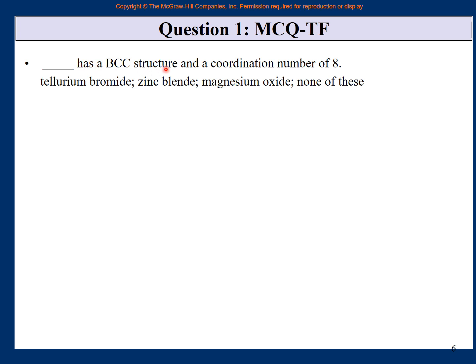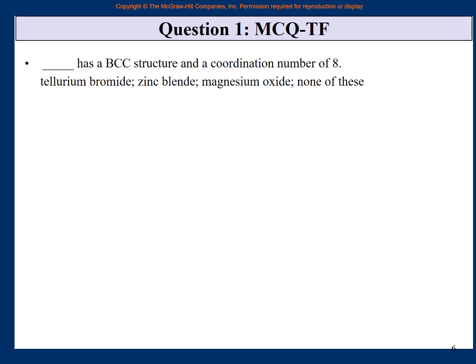Dash has a BCC structure and a coordination number of 8. Tellurium bromide, zinc blend, magnesium oxide, none of these. Now because there are only 3 structures that we have done. We have done the cesium chloride structure, the sodium chloride structure, and the zinc blend structure. And there are lots and lots of others which are there in the chapter, but we have left them, as this introduction is good enough for you.